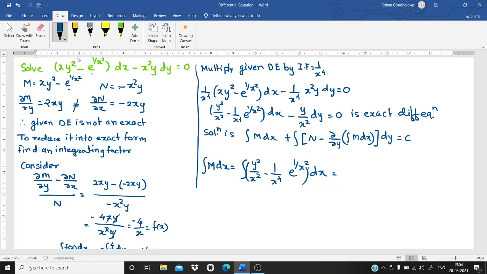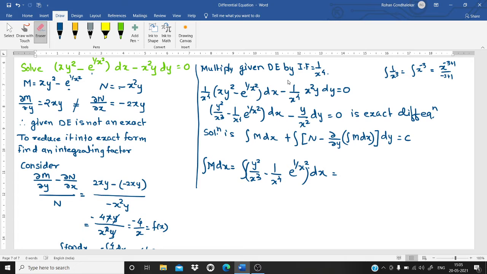How can you calculate? Y square upon, sorry, not x square, here it is x cube. Yeah. Y square upon x cube. What is its integral? It's very obvious. I already explained, integration of 1 upon x cube will be integration of x raised to minus 3. And what is the integration of x raised to minus 3? X raised to minus 3 plus 1 upon minus 3 plus 1. So that gives x raised to minus 2.